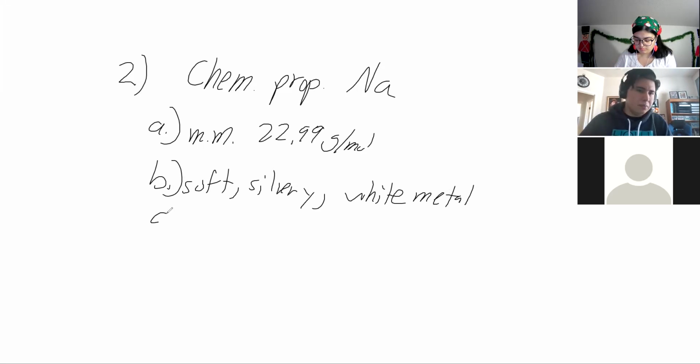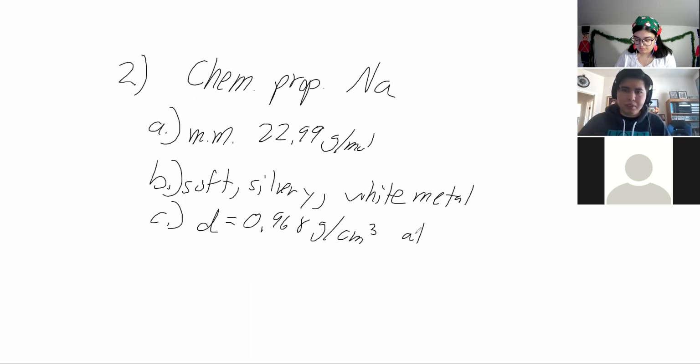C, the density is 0.968 grams per centimeter cubed at room temperature, 25 degrees Celsius. And D, in its elemental form, it's highly reactive.